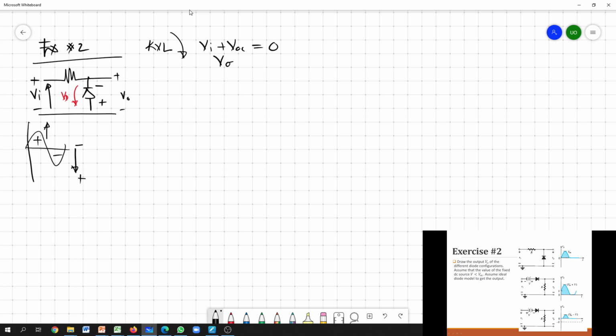So then VOC is actually minus Vi, so the drop would be minus Vi. To make it forward bias, we know that Vd should be greater than or equal to 0. Once you plug it in here, minus Vi greater than 0. Once you remove this minus sign, this is actually this.